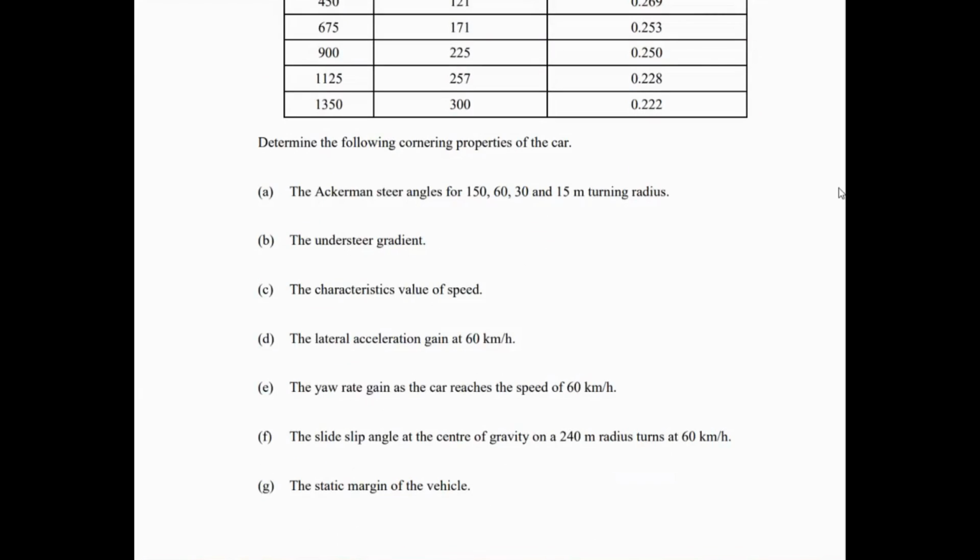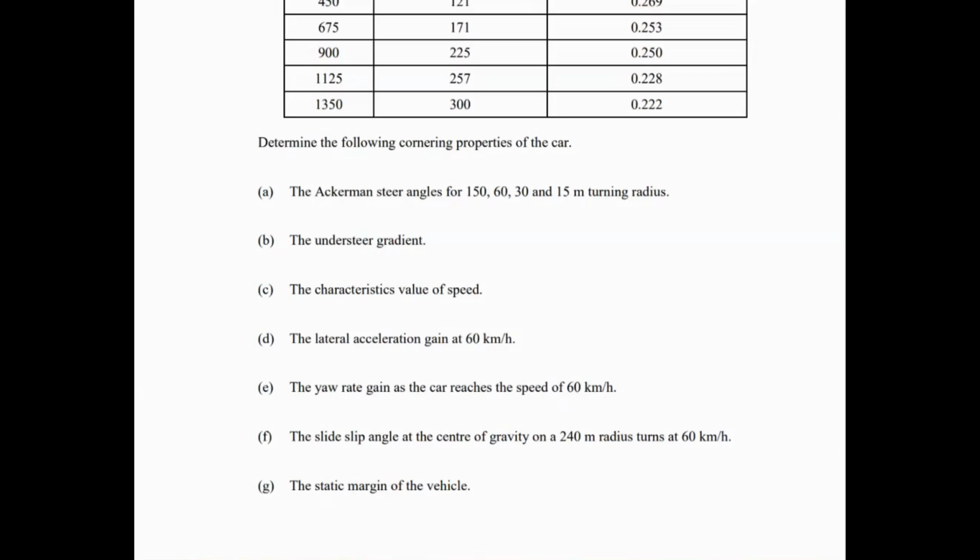Okay, first A, you need to determine the Ackermann steer angle for different turning radius. You have 15, 30, 60, and 150 meter turning radius. So for each turning radius, you need to determine the Ackermann steer angle.